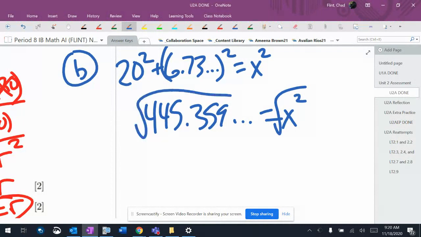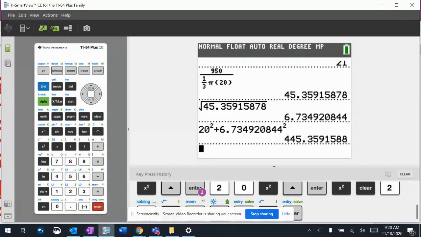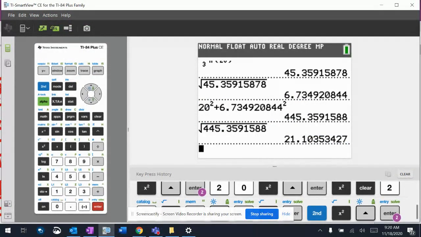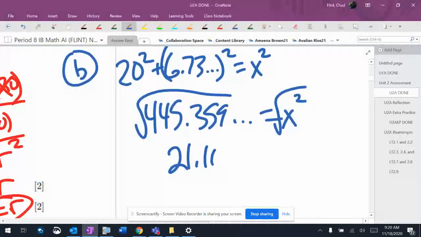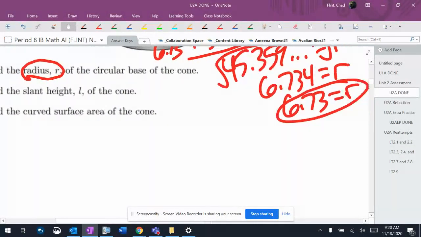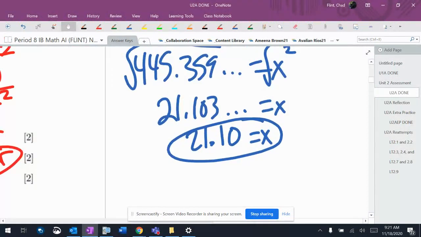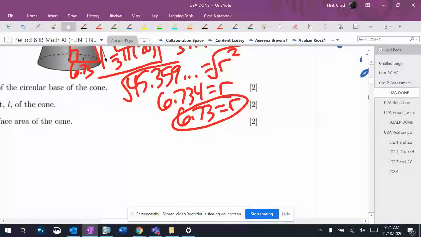And then I'm going to take the square root of that number. 21.103. Which is going to be 21 point, I don't think it says what it's rounded to. Nope. So 21.10 to the nearest hundredth, which I've been sticking to throughout the first 2 units here. So there's the answer to part B.